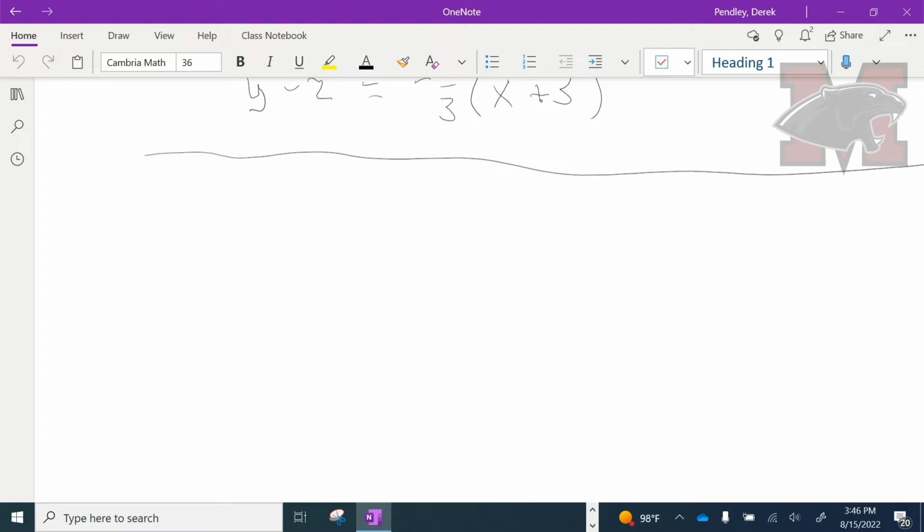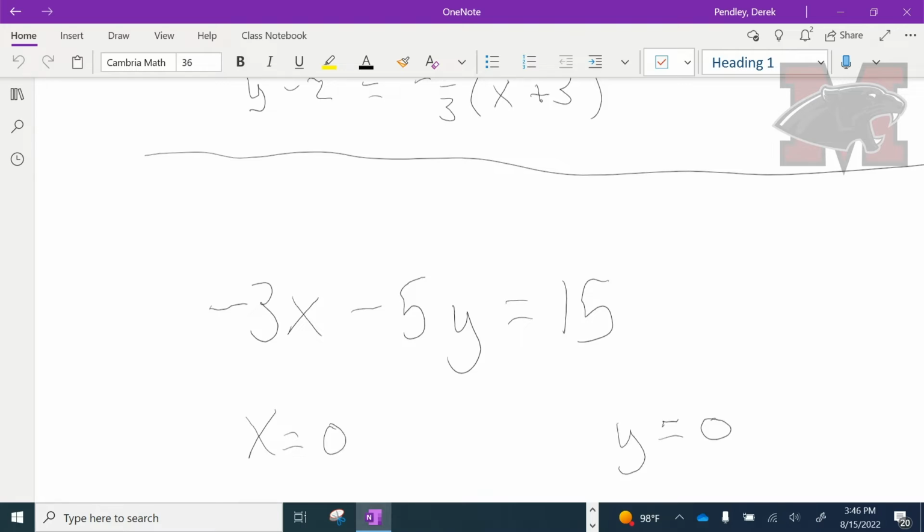So if I have -3x minus 5y is equal to 15. Just like we did in the warm-up, if we have x is equal to 0 and y is equal to 0, then that produces an ordered pair for 2 points.